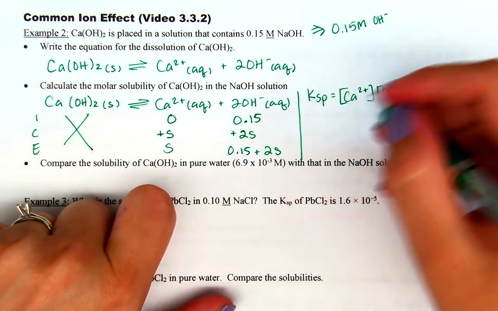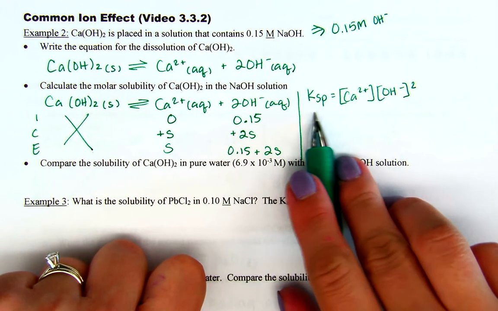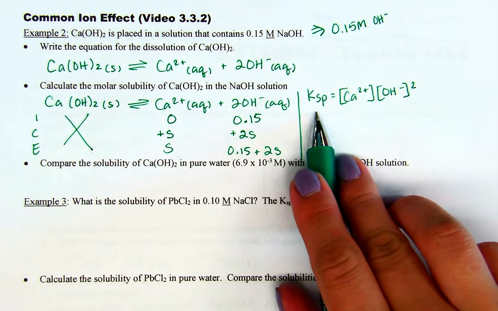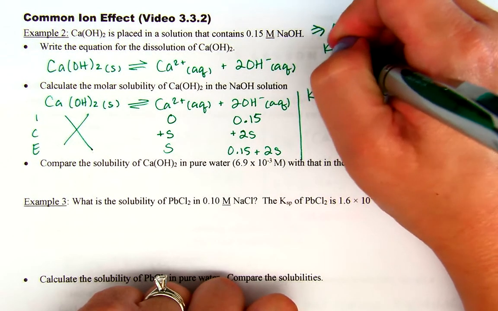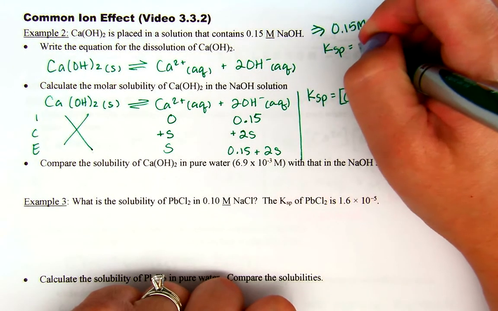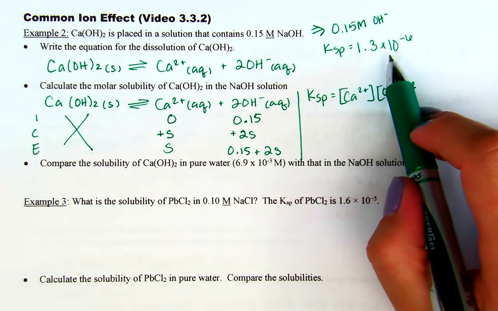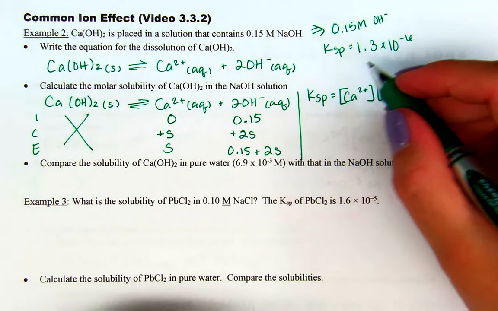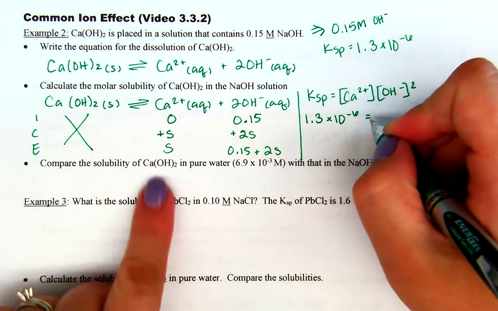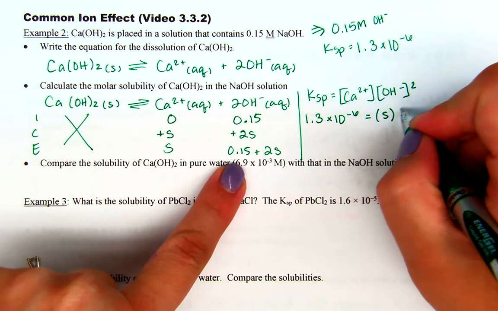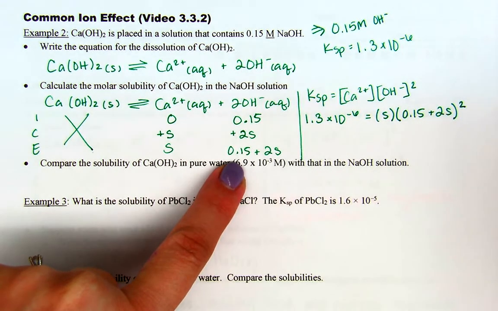Our Ksp was given to us in the previous video, but just in case, I'll write it here: Ksp is equal to 1.3 times 10 to the negative 6, from example 2, since we're using the same compound. So 1.3 times 10 to the negative 6 equals the calcium, which is S, times 0.15 plus 2S, squared.